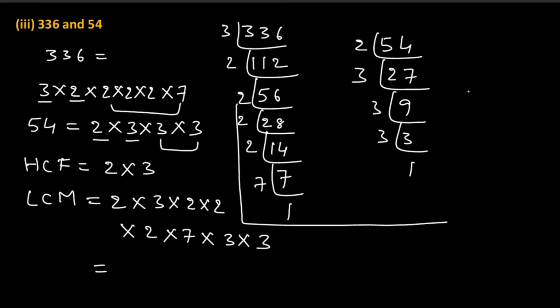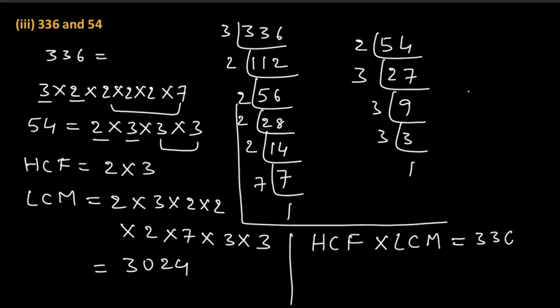If you multiply all these factors, you will get the answer as 3024. Now we have to check whether the multiplication of LCM and HCF is equal to the product of 336 and 54. Let's do it. HCF into LCM must be equal to 336 into 54. What is the HCF? 2 into 3, which is 6, right?